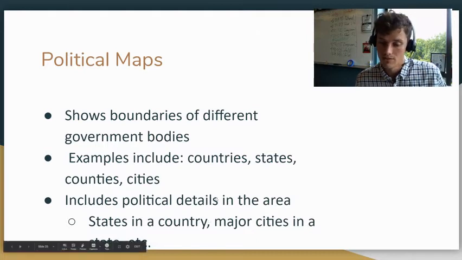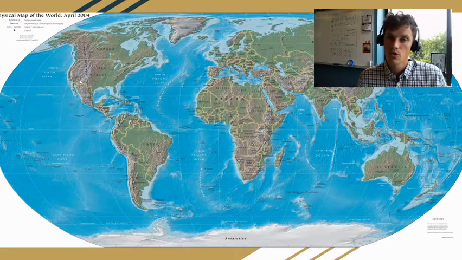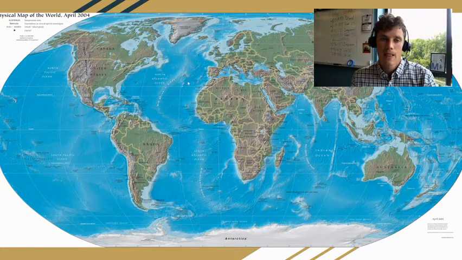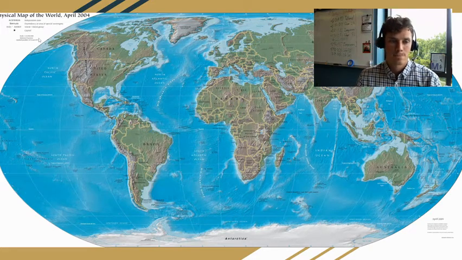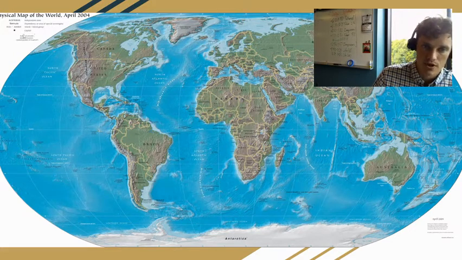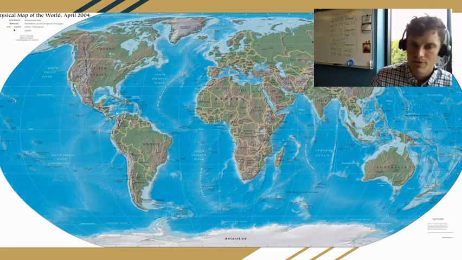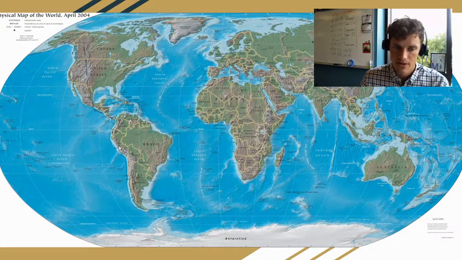Let's move on to physical maps. Physical maps, I think, are a little more pleasing to the eye. And notice how this map has a small little map key here. You see where capitals are. But more than anything, it doesn't even tell you that there's a mountain right here.